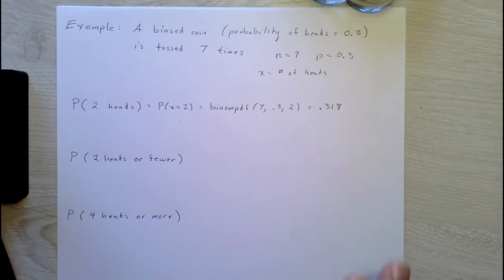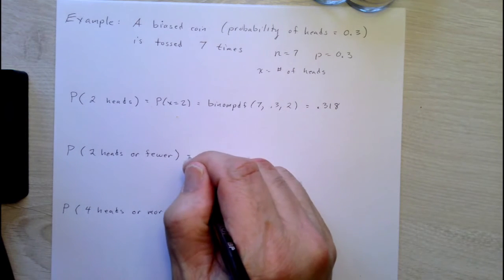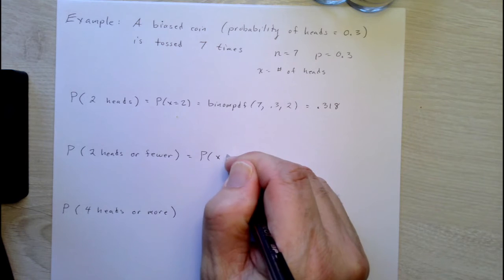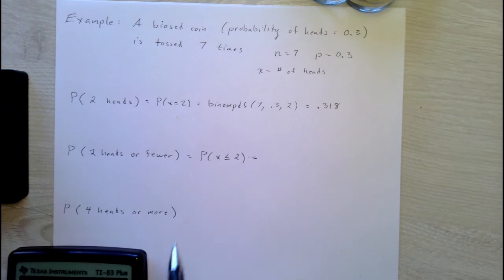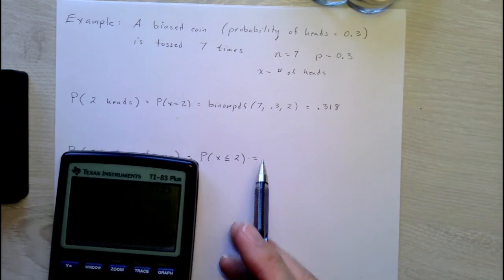In the case you wanted 2 heads or fewer, this is the probability that x is less than or equal to 2. This is also the same thing as saying at most 2 heads.